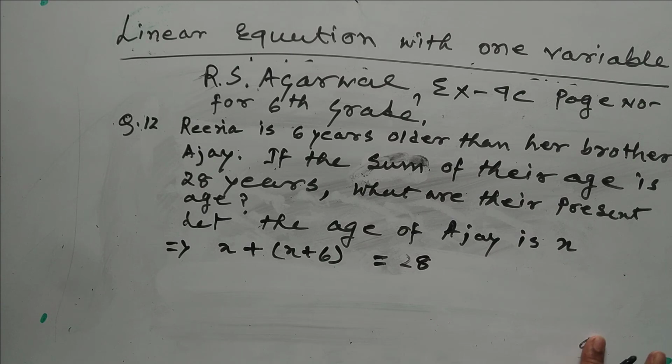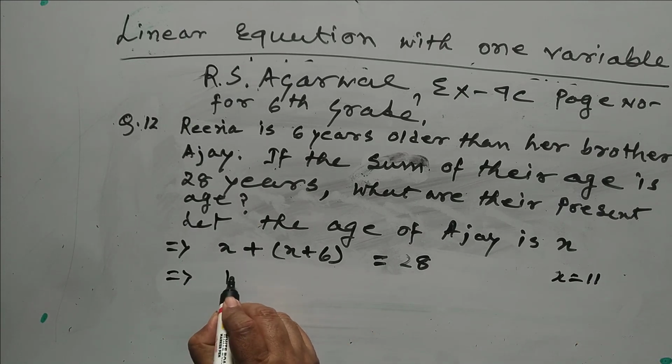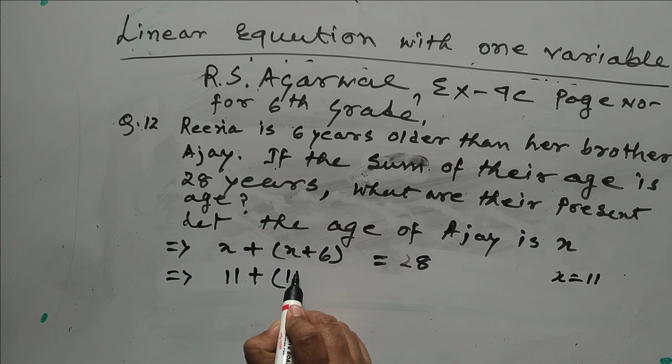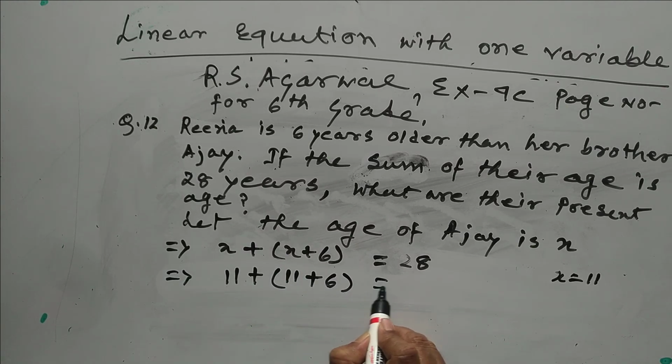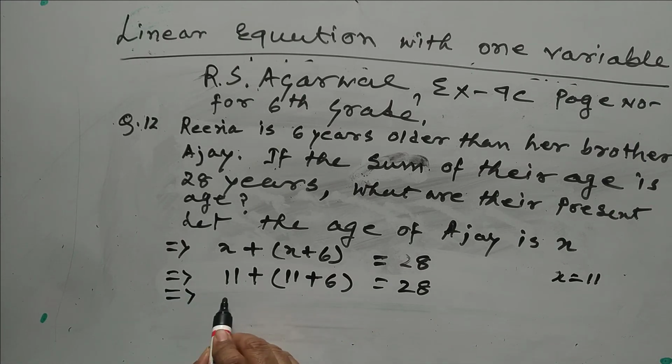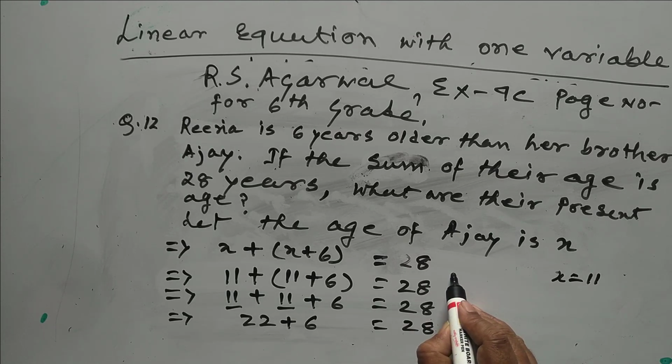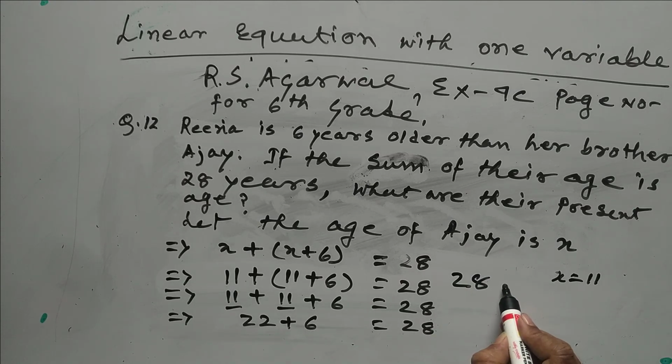Instead of x I am writing 11 plus 6 equals 28. So 11 plus 11 plus 6, 2 elevens are 22, plus 6 equals 28.